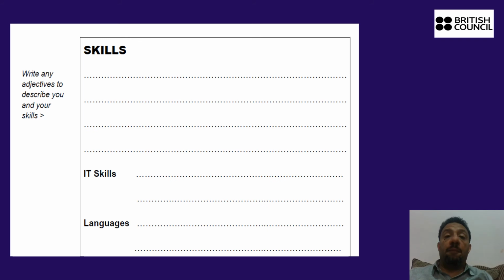So, for example, if you can cook, this is a skill. But if you want to work as a teacher, it's not an important skill for teaching. So you think about things you can do well that are needed for the job you want, and you put them in the skills section.